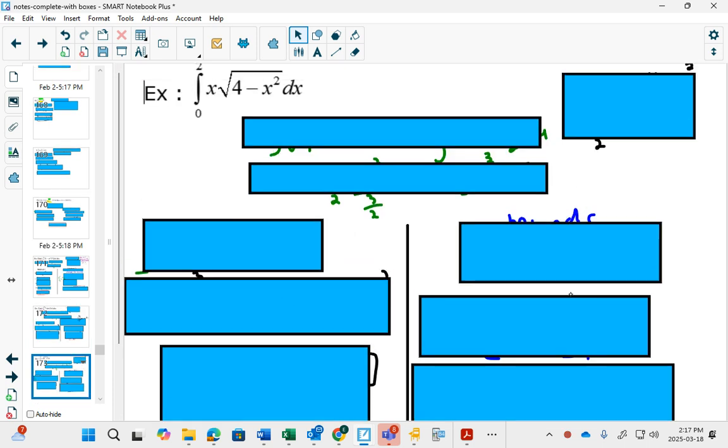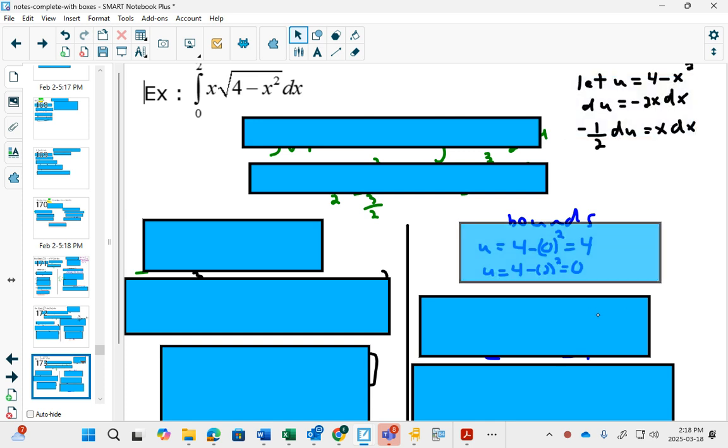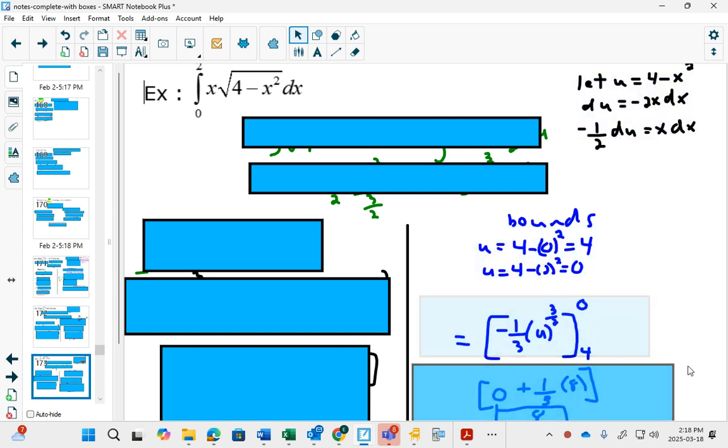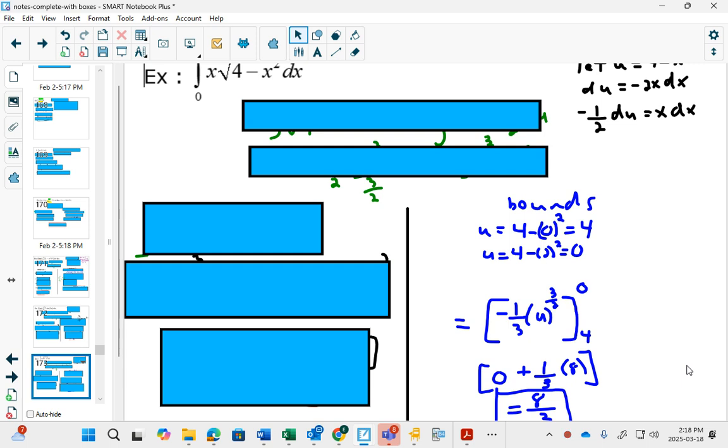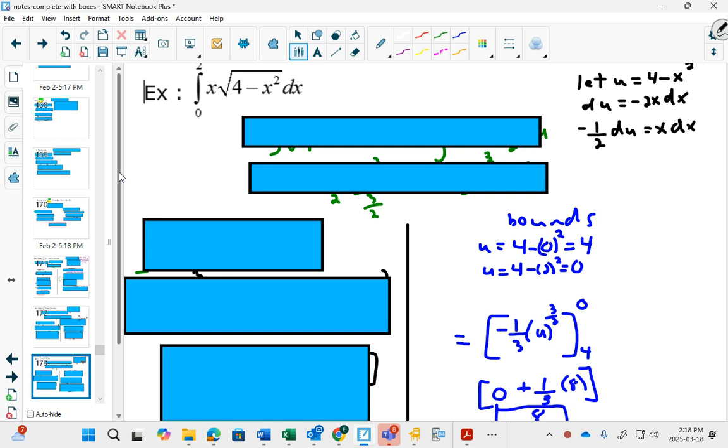And then one of the things I would write in this second one, after I change the bounds, I would rewrite it with the bounds and my substitution built in.